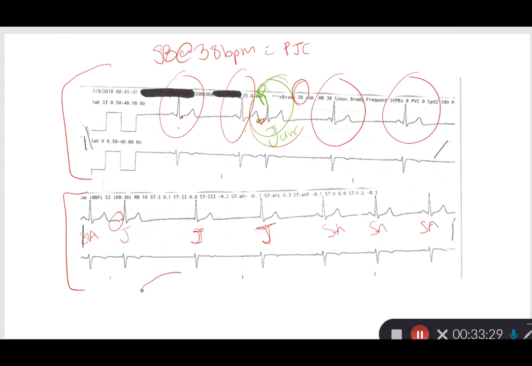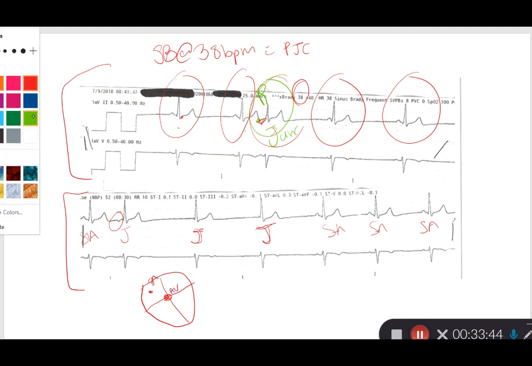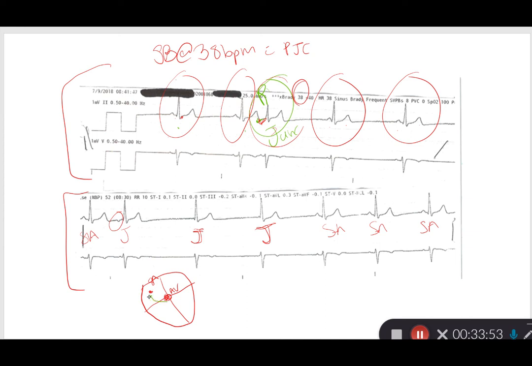So what's happening with this part of the rhythm, this is the same patient. We have our SA node up here and our AV node here in the middle. For whatever reason, probably won't know, but some type of heart disease, this pacemaker is moving from here down to the AV node, and then it's going to move back up to the SA node.